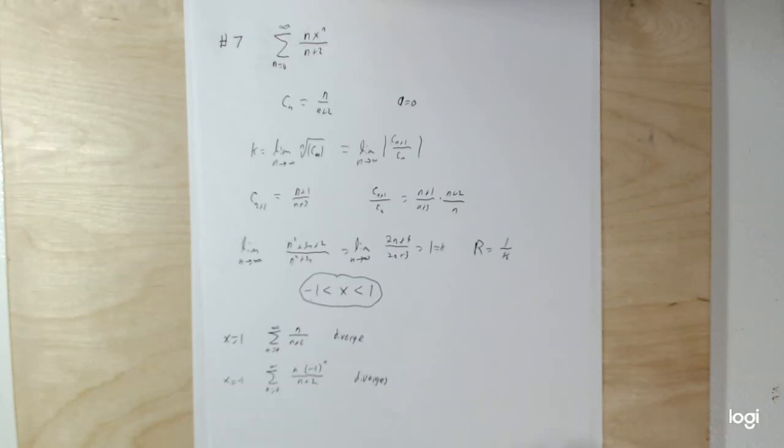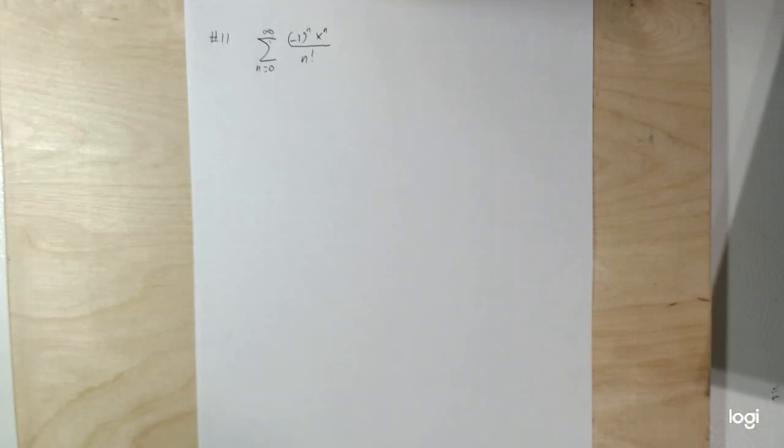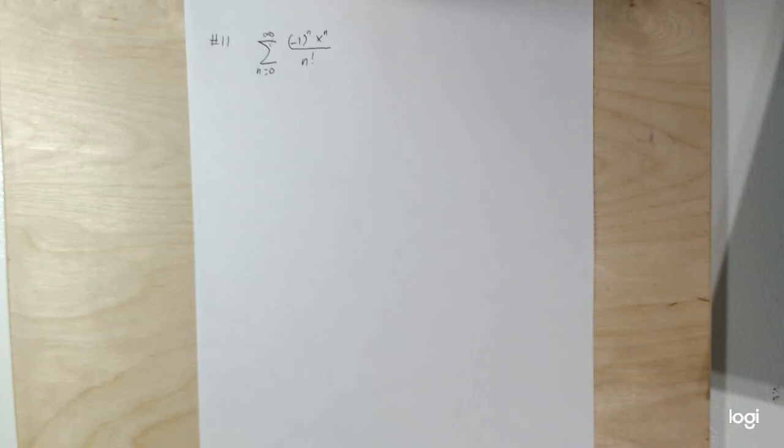Okay, let's try another one here. Again, let's take from the book number 11. Now, the minute I see a factorial, my clue is this is going to be a ratio type of thing. You don't want to do roots with factorials.